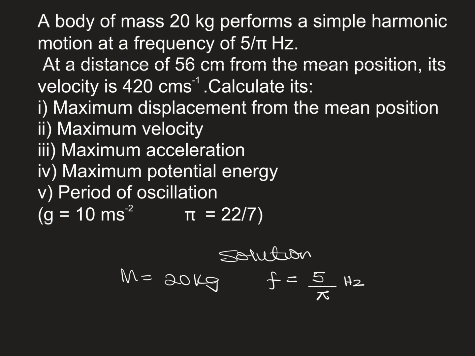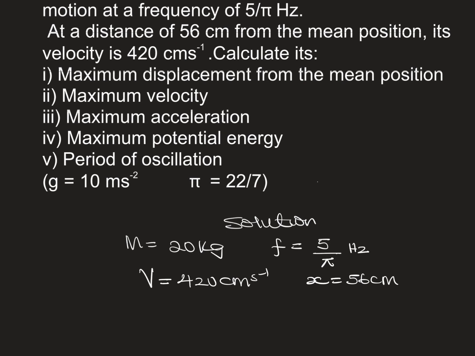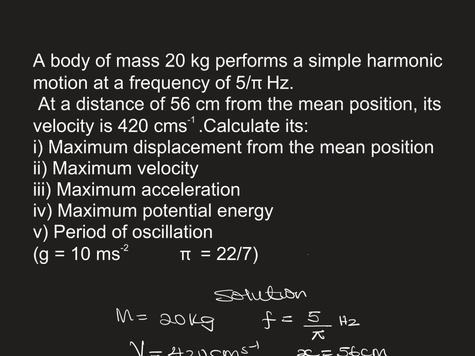We are given the velocity as 420 centimeters per second when its displacement is 56 centimeters. So we have a displacement of 56 centimeters when the body is at a velocity of 420 centimeters per second. So we'll move on to answer the questions.